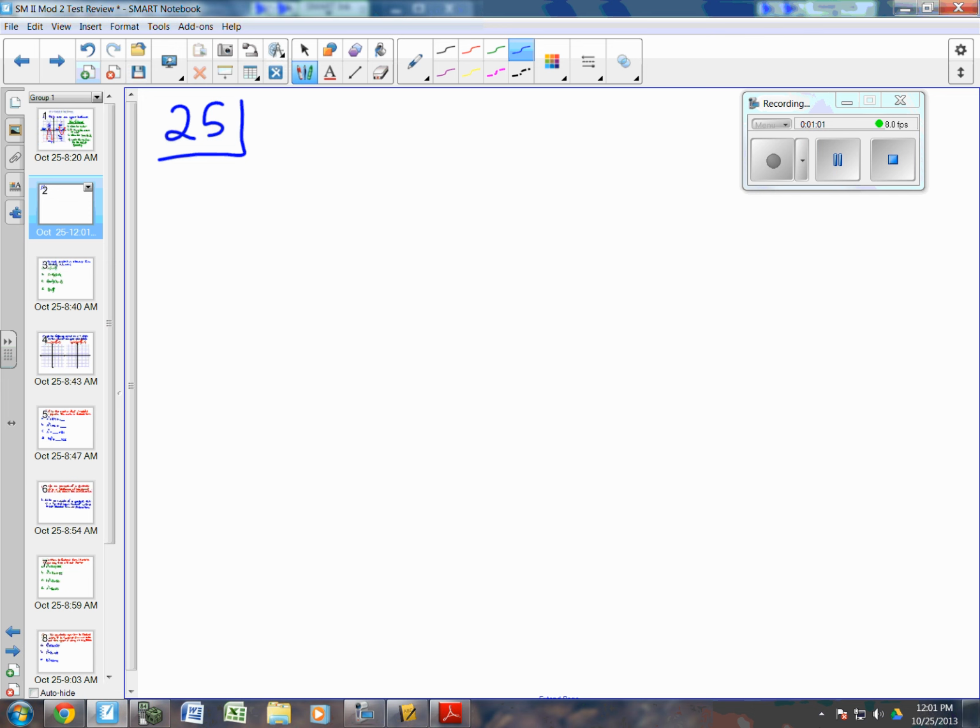Which row do you want to give me? The middle row. What was the first one? Minus 12x plus 36. What's the next one? Minus what? And what's the third one? Plus what?